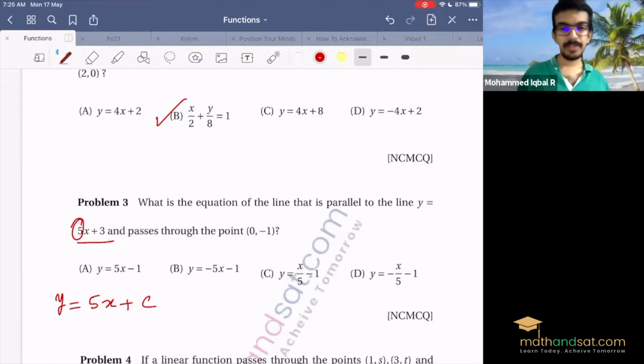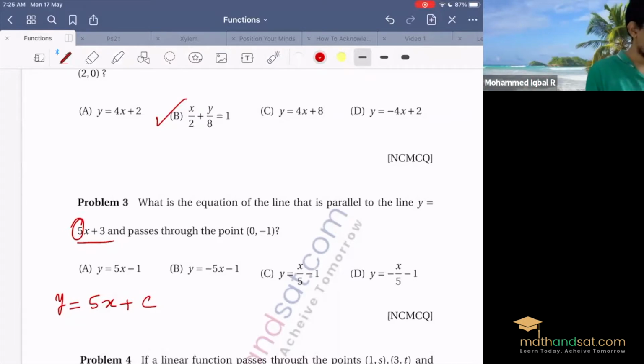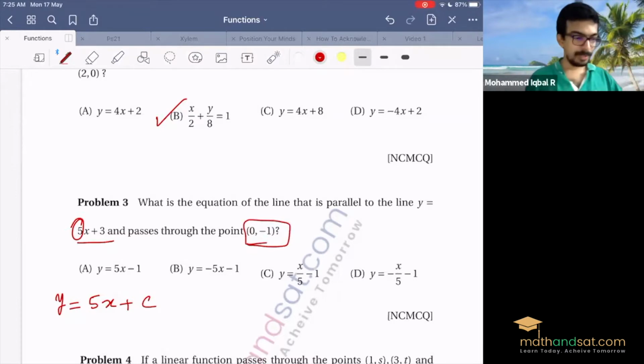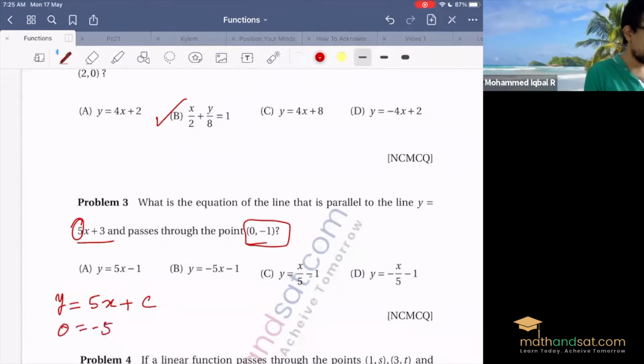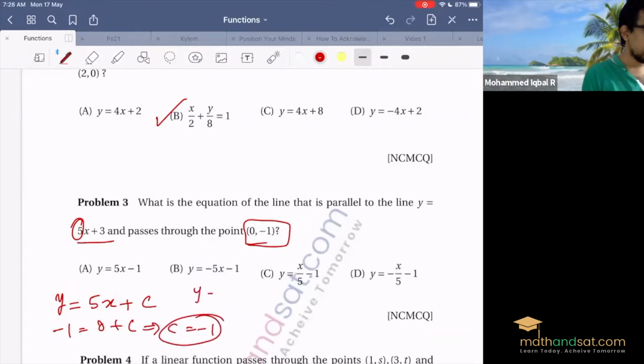For that, they've given a point on the line. The line passes through 0, -1. And again, you can find the value by substituting in the equation. So we have -1 is equal to 0 plus c. So your c value is -1. So y is equal to 5x minus 1 is the answer.